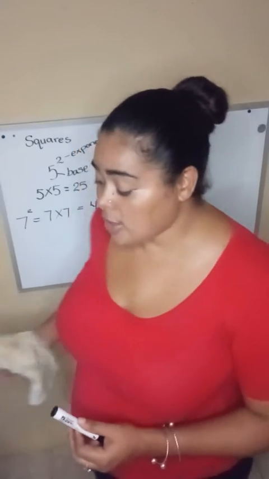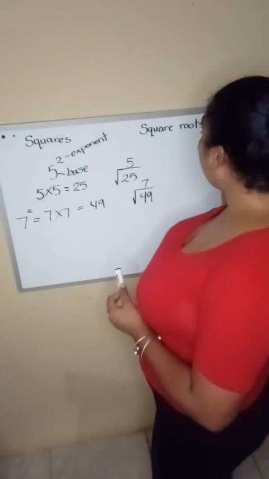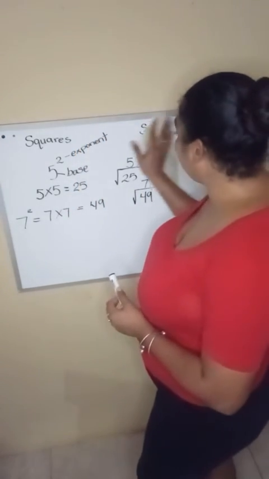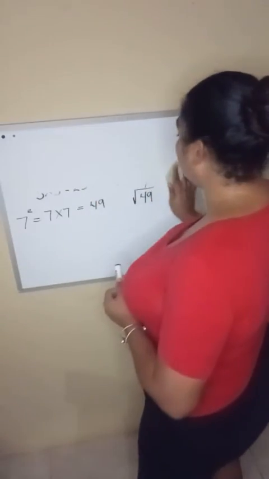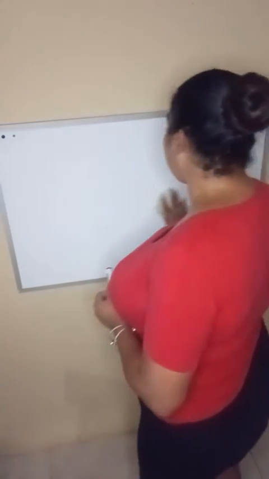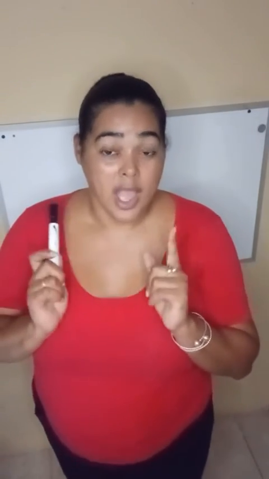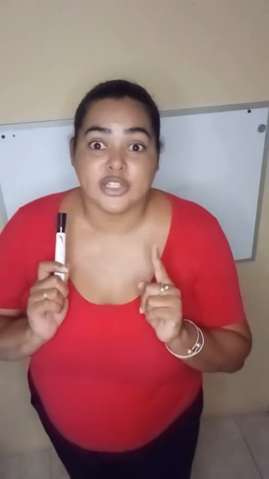Okay? Now, I have a little task for you to do, and this one will be for some extra points. So you have from today, which is Monday, up to Thursday at 12 in the afternoon.